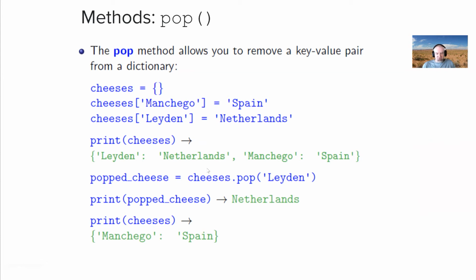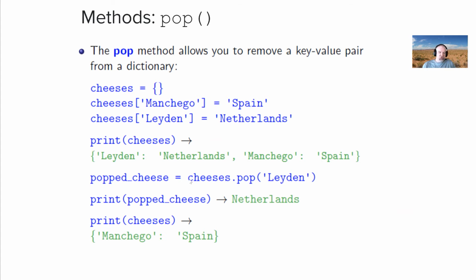And because there's an assignment operator here, we assigned whatever this returns into popped cheese. Just like a list, this will evaluate to whatever you're removing from your dictionary, right? Here we're removing the Leiden Netherlands key value pair, and it won't store the key value pair, it'll actually just store the value that's being popped.